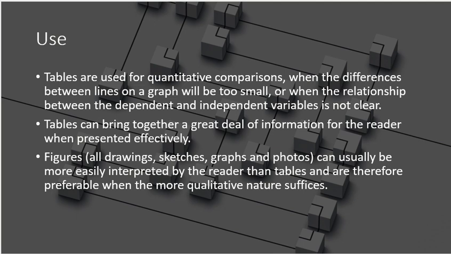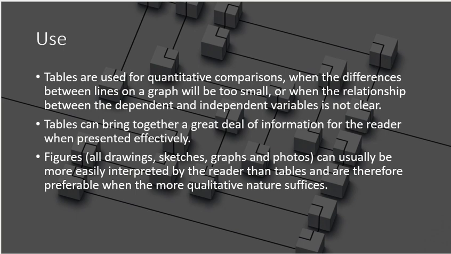So tables are used for quantitative comparisons. In some cases it may happen that you want to show the comparison, which one is higher, which one is lower, but if you plot them, the difference is very small, so visually it will not be so clear. But when I write it with a number, it will become clearer.